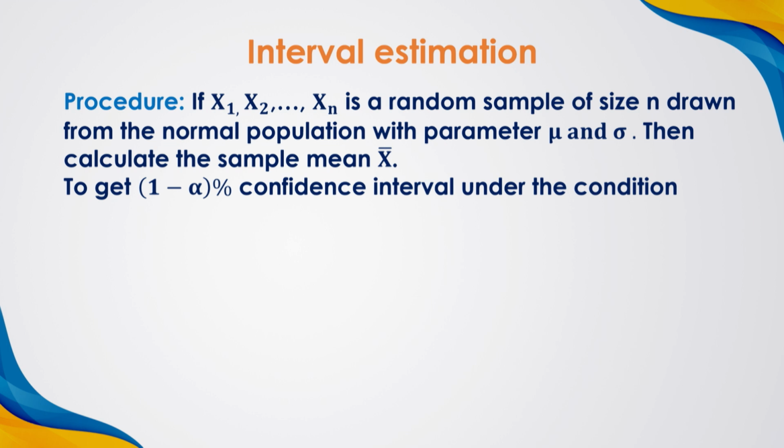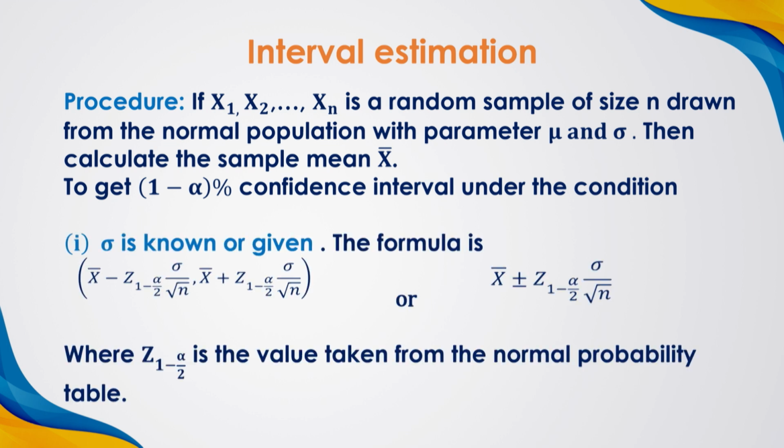Interval estimation, the procedure: if x1, x2, etc., xn is a random sample of size n drawn from the normal population with parameters mu and sigma, then calculate the sample mean x bar to get the 1 minus alpha percentage confidence interval under the condition sigma is known or given. The lower limit is x bar minus z of 1 minus alpha by 2 into sigma by root n.